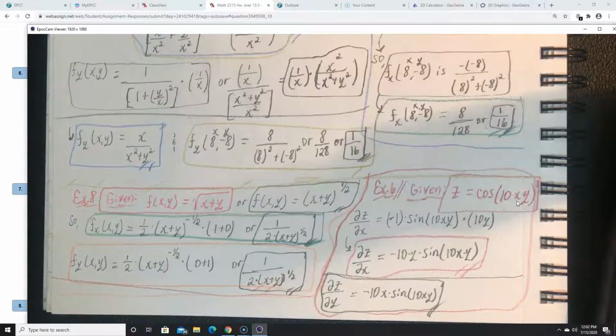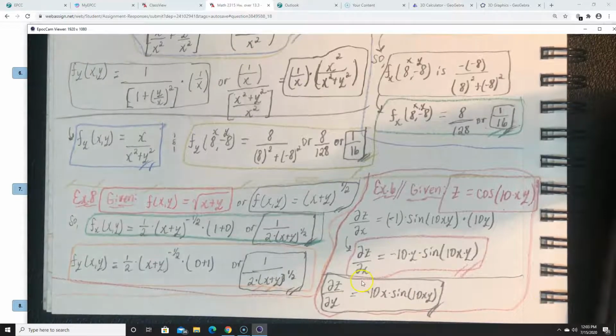It just waits as a multiplied constant in front, and the derivative of y with respect to y is 1, and so 1 times 10x will be 10x, and then I move the 10x in the front right away instead of writing an extra line. And so we get negative 1 times the 10x, and that's negative 10x times sine of 10xy.